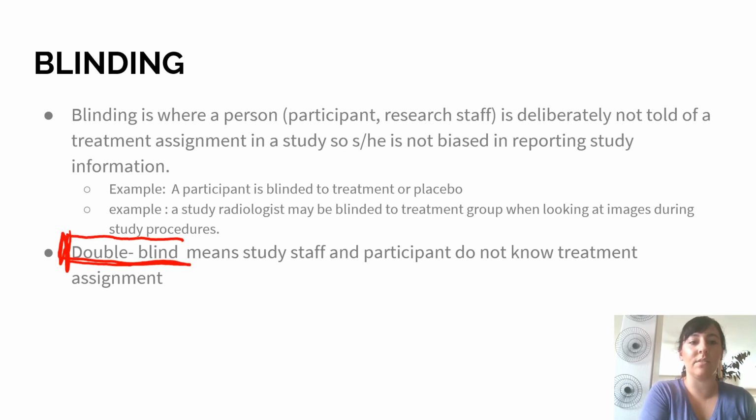Now, double blind, two blindfolds. Double blind actually means that, of course, the participants don't know which group they're in, and neither do the researchers. The reason you would do this is to really weed out bias.